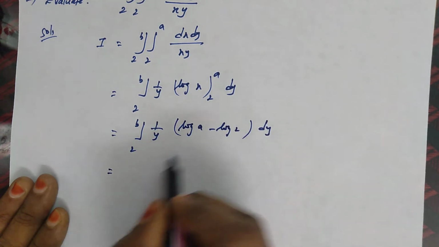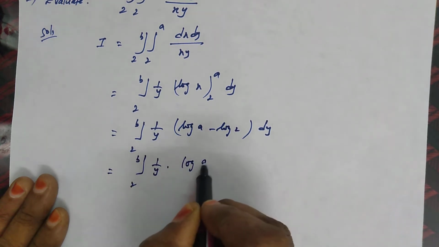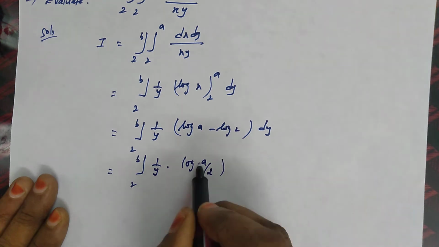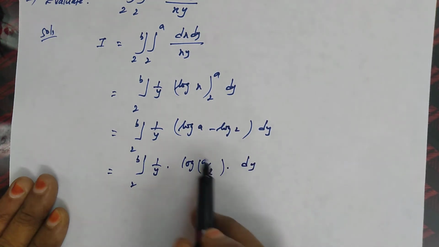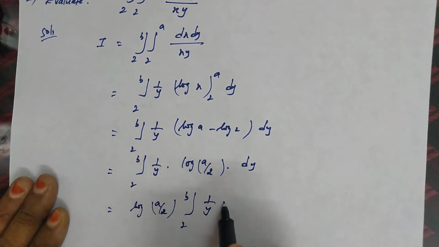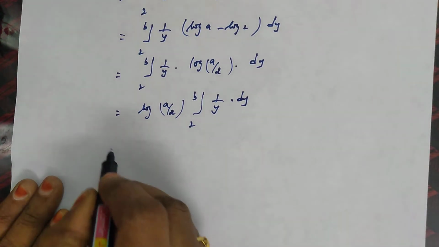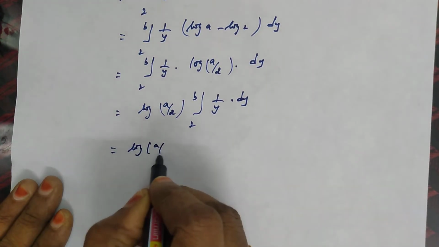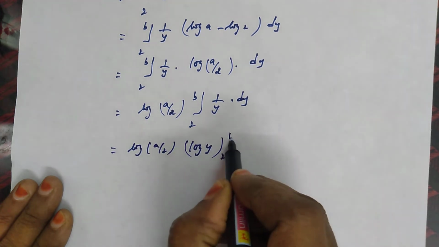So this can be written as the integral 2 to b of 1 by y into log a by 2 dy. Now integration with respect to y, so we can take this as a constant and take log a by 2 outside, into the integral 2 to b of 1 by y dy. The integral of 1 by y is log y, so this can be written as log a by 2 into log y with the limit 2 to b.